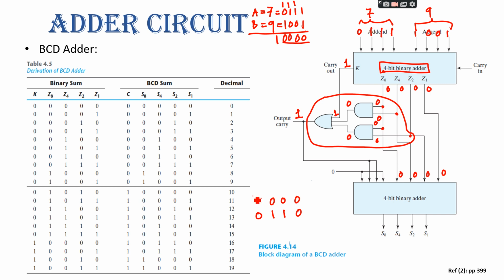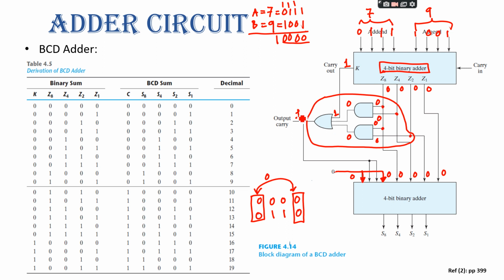And 6 is what? For these two numbers, as you can see, the most significant bit and the least significant bit are the same, which is 0. So here what they have done is they have already put these two inputs as 0, and the middle two inputs come from this circuit.